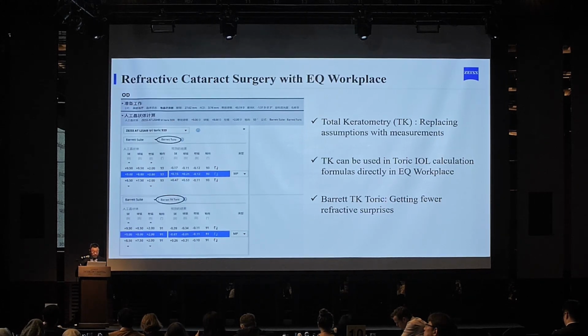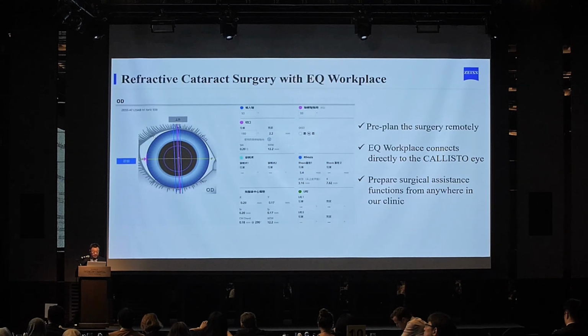In addition, the Barrett TK toric formula on the platform helps get pure refractive outcomes. We can access data remotely from home, and EQ Workplace connects directly to Callisto eye to perform our surgical planning from anywhere preoperatively.